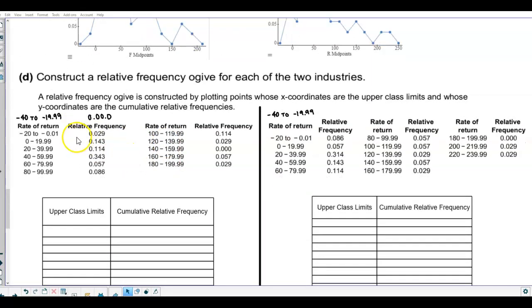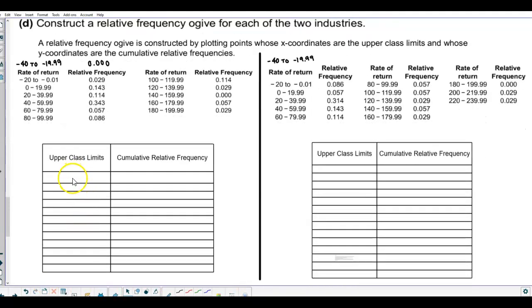So coming back up here, the preceding class is -40 to -19.99. And we can see that we have our frequency of 0.000. Okay, so in our first column here, we're then going to write our upper class limits. So our upper class limit for the first one is -19.99.